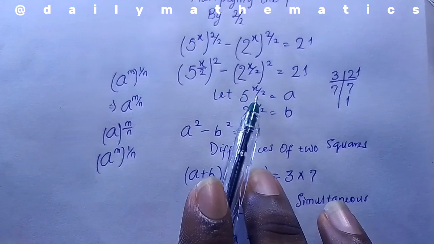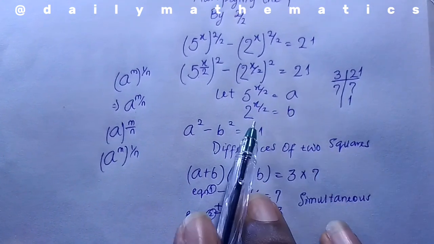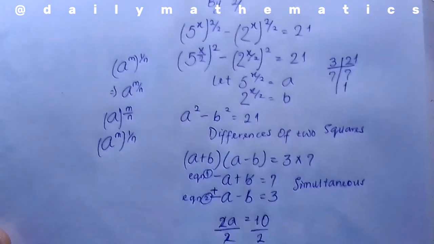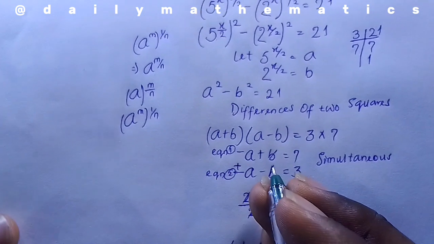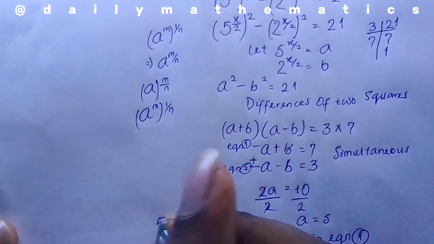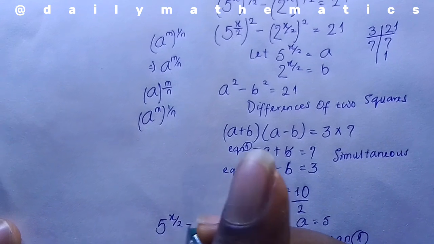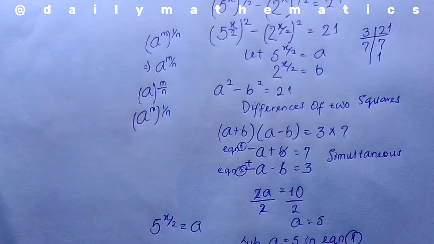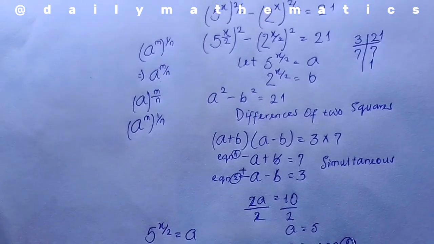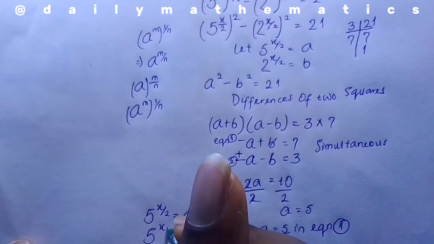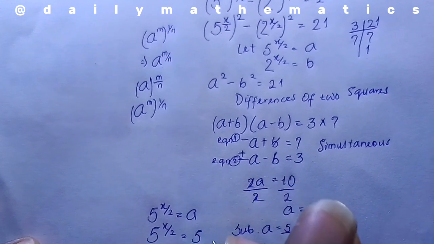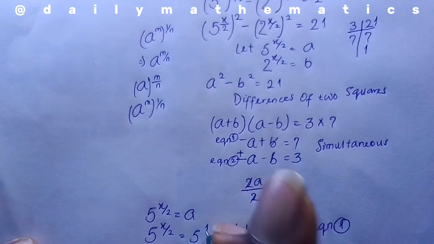that we let 5 raised to the power of x over 2 equal a, and let 2 raised to the power of x over 2 equal b, right? So let's have it here. 5 raised to the power of x over 2 equals a. We find our a here to be 5. So 5 raised to the power of x over 2 equals 5, and 5 is 5 raised to the power of 1, right?